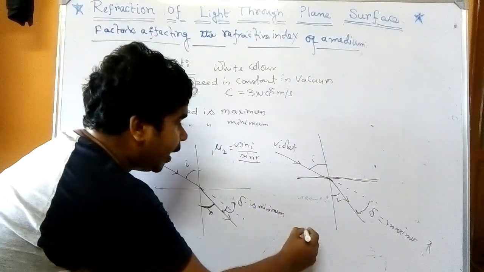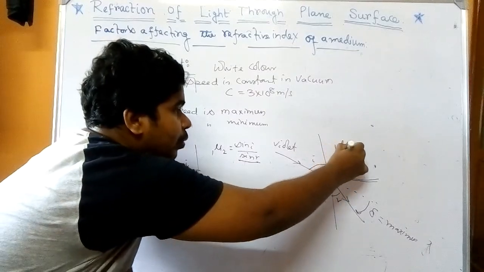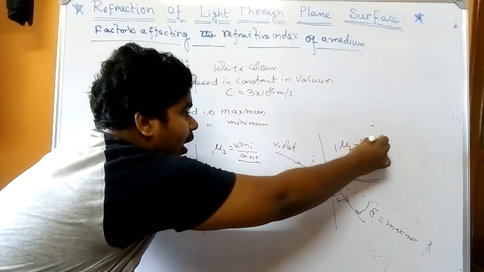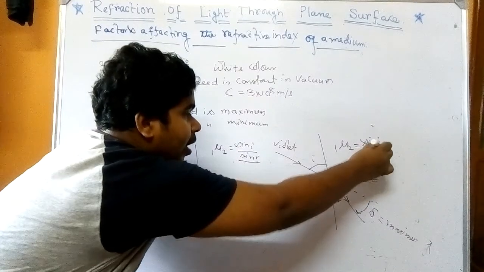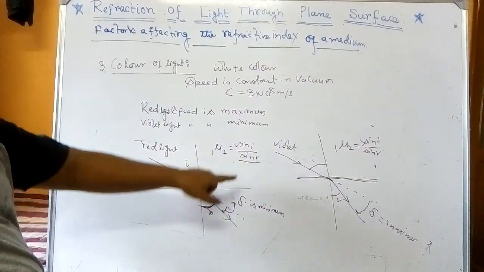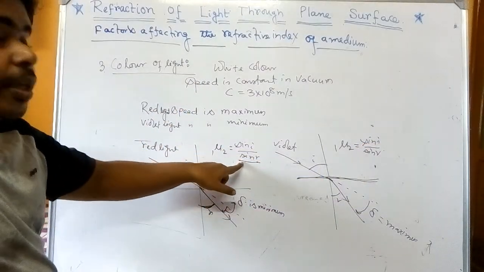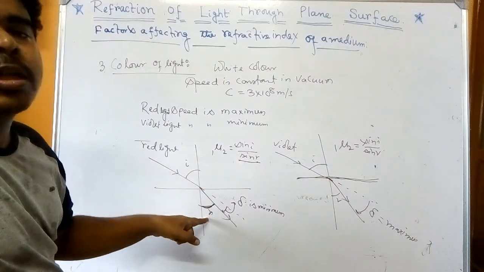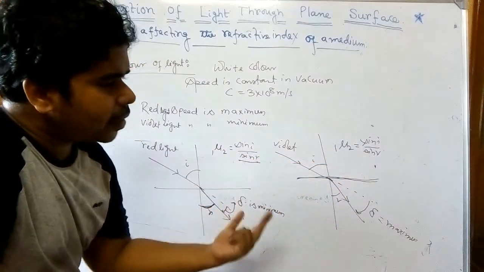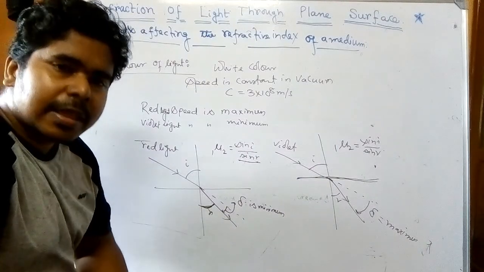We again know that 1 mu 2 equals sine I by sine R. Comparing these two equations, for red light sine R is more because R is more, and for violet light sine R is less because R is less.